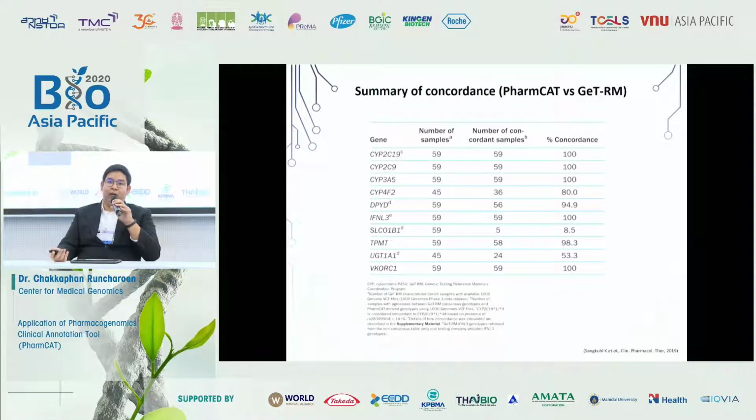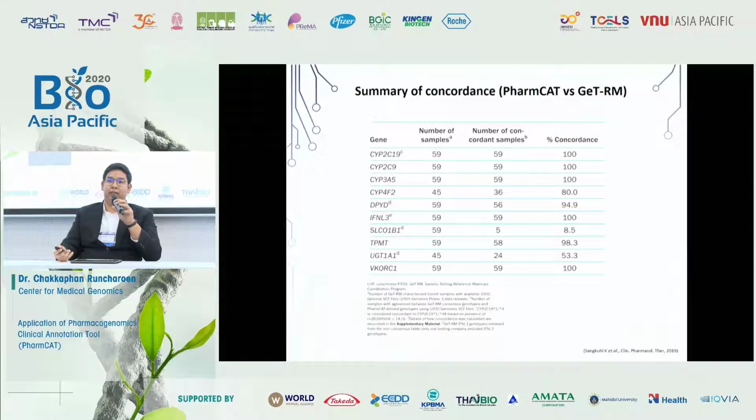Next, I will summarize the concordance comparison between PharmCAT and other platforms. This slide shows the percentage of concordance between PharmCAT and the GeT-RM, or Genetic Testing Reference Material Coordination Program.